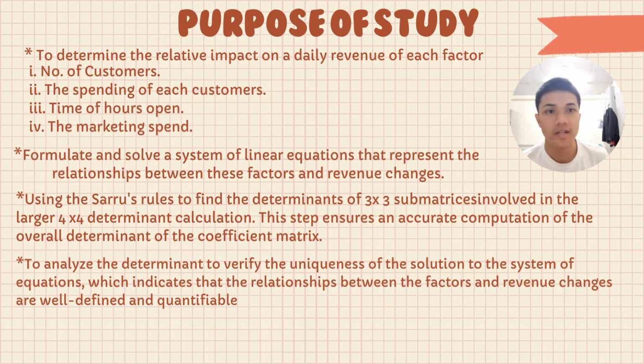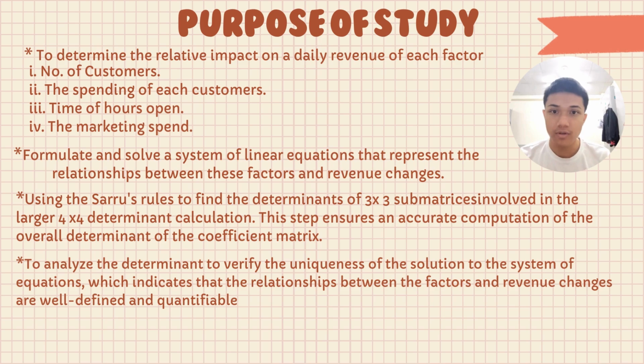The purpose of this group project is to determine the relative impact on the daily revenue of each factor. The first one is the number of customers, the second is the spending of each customer, third is the hours open, and the marketing spend. We formulated and solved a system of linear equations that represent the relationship between these factors and the revenue changes.